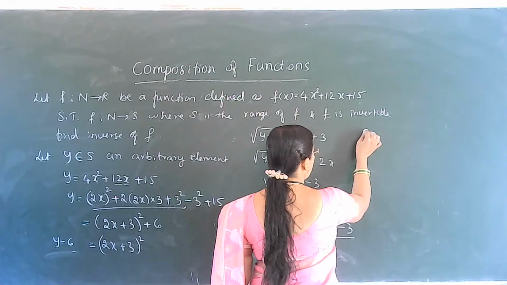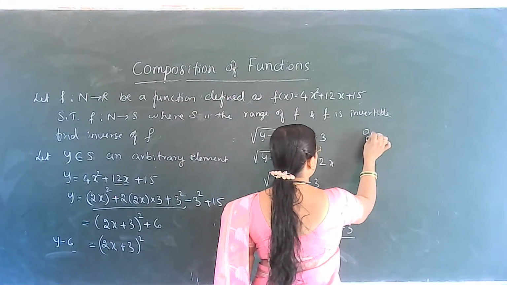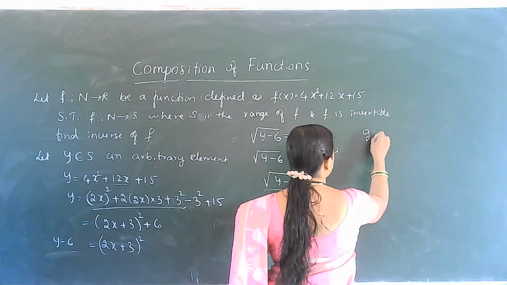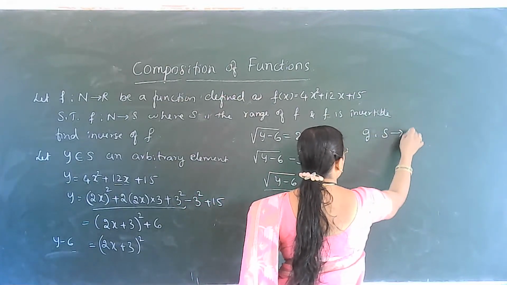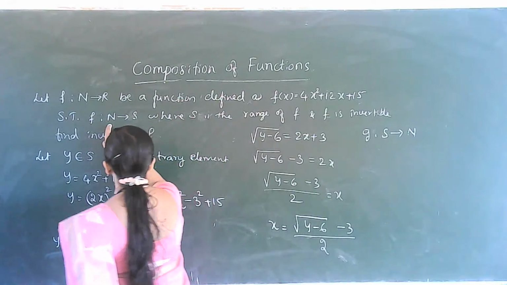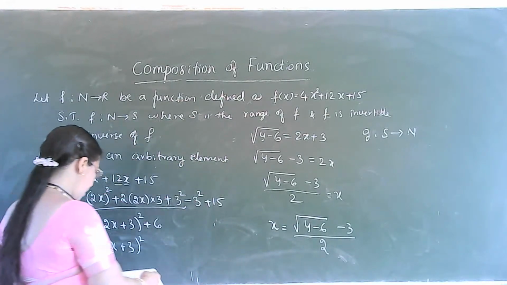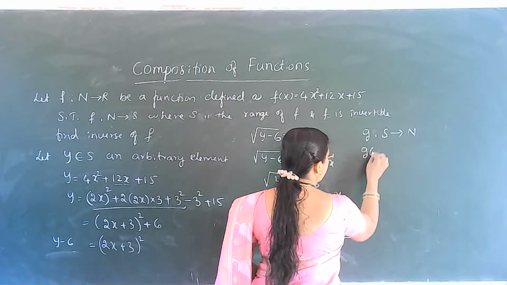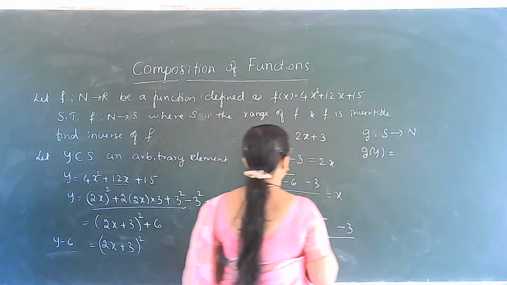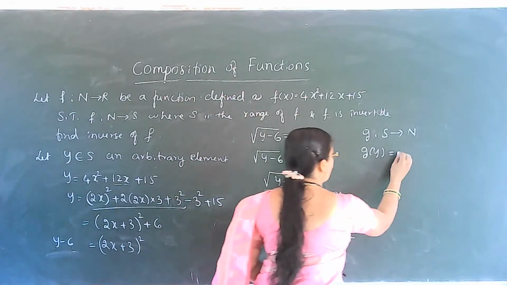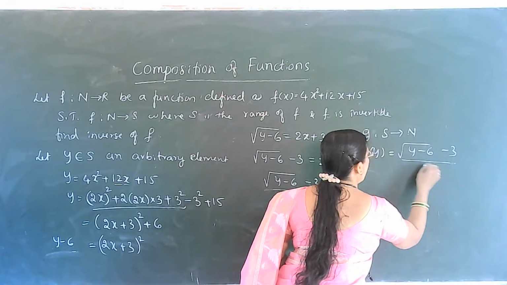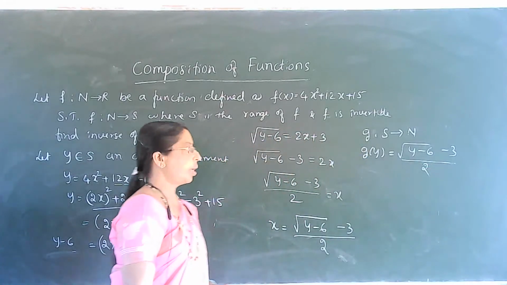Then we define the g function. g is a function from S to N, because here it is N to S. Then it is S to N, by g of y, which is equal to the square root of y minus 6, minus 3, divided by 2.